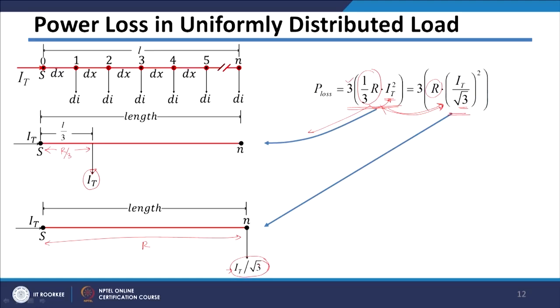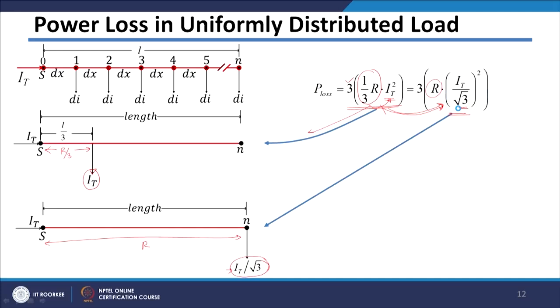And similar to your voltage drop calculation, in this case also these are not the only two ways in which I can lump the loads. However, there are many ways I can lump load. Till now we have seen for calculation of voltage drop, we have lumped load at different locations, and when we lump those loads at those locations we are not getting power loss correct.